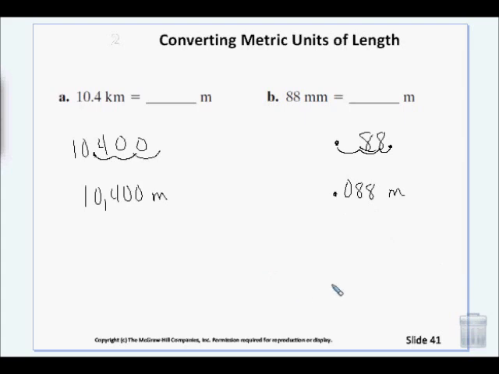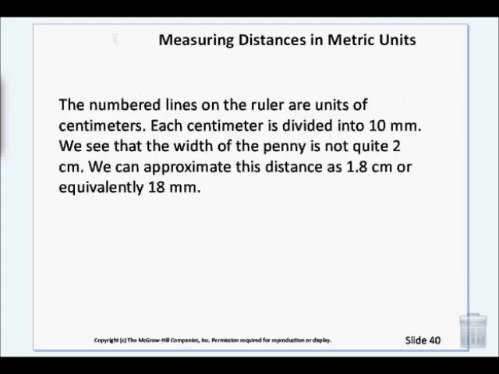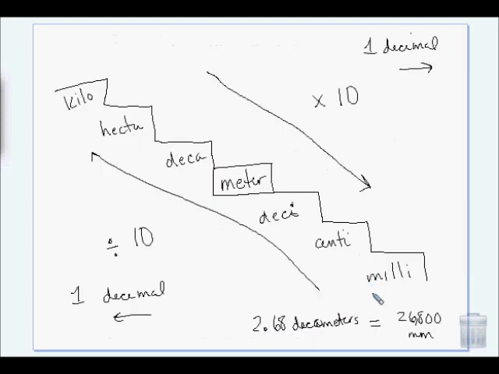Let me come back to the staircase real quick. I had 88 millimeters, which would be 8.8 centimeters, which would be 0.88 decimeters, which would be 0.088 meters. So I'm moving left 1 space each step of the staircase.